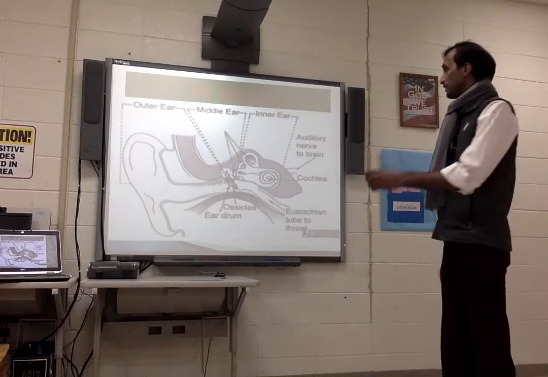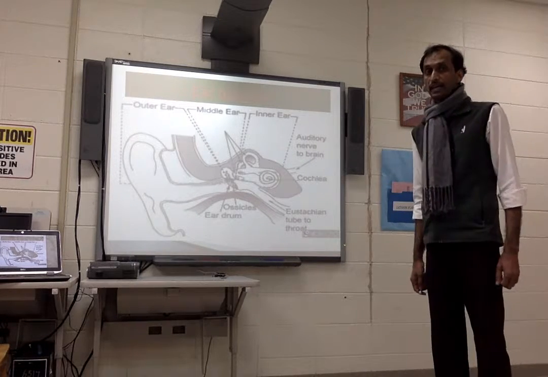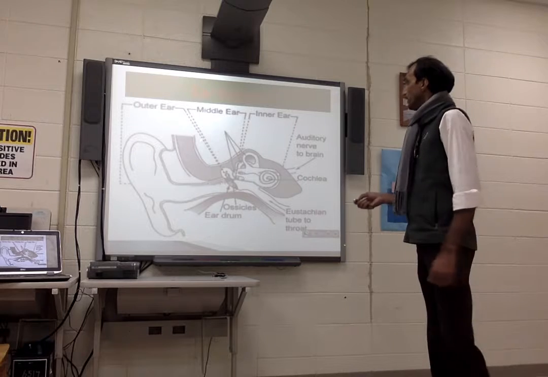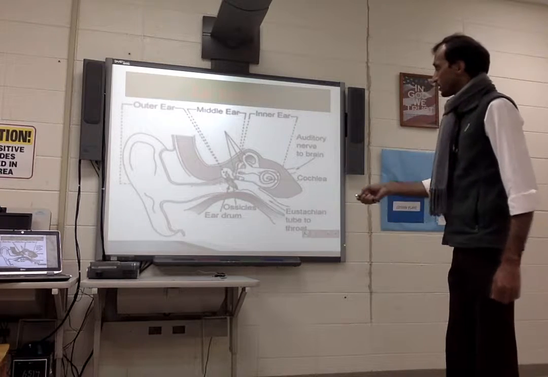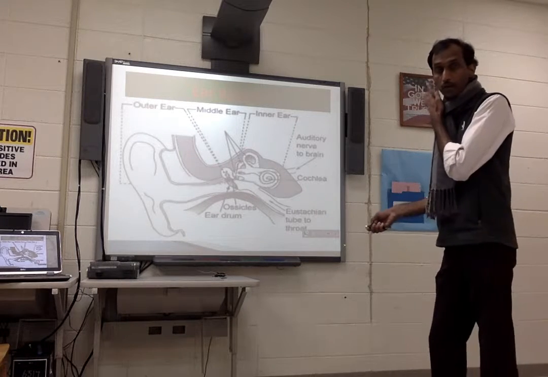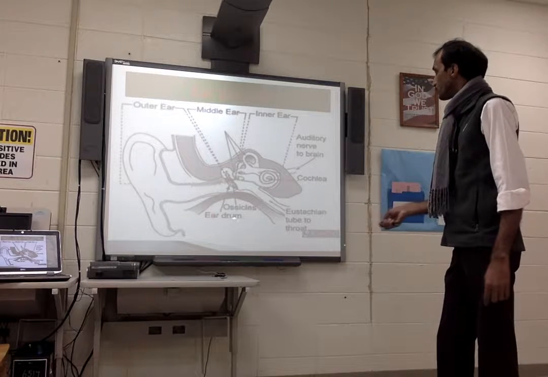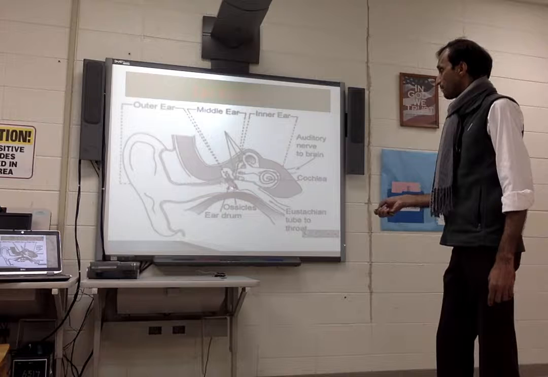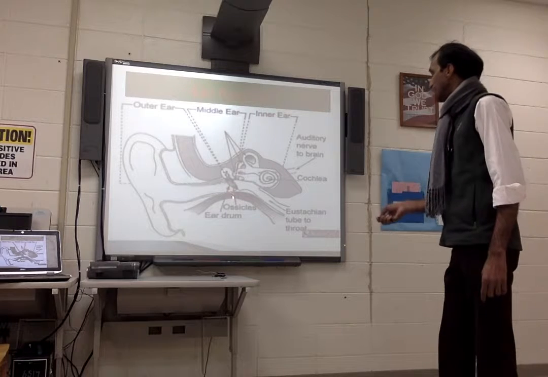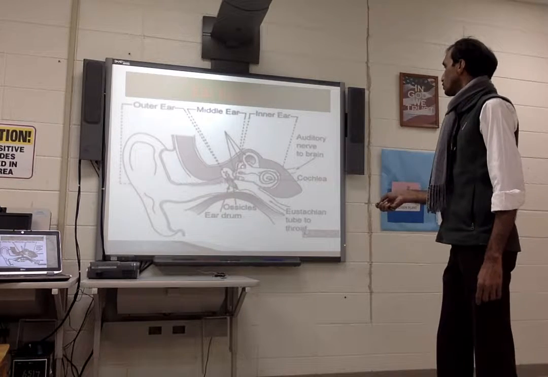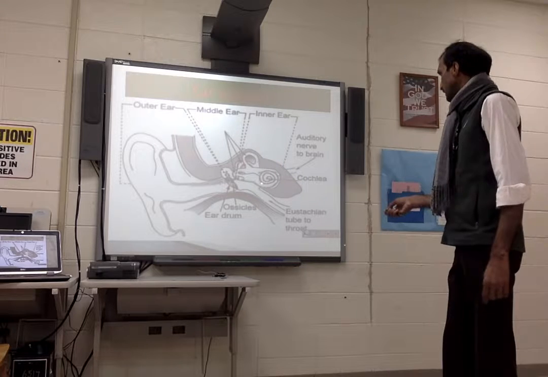Here I have a little diagram to explain how the hearing mechanism works. This is the outer ear, the kind of antenna, outer part which receives the signals that pass on to the middle ear, where you see the eardrum or tympanic membrane. That vibrates and the signal is sent over to the inner ear.